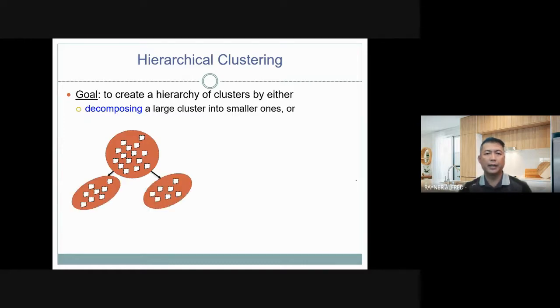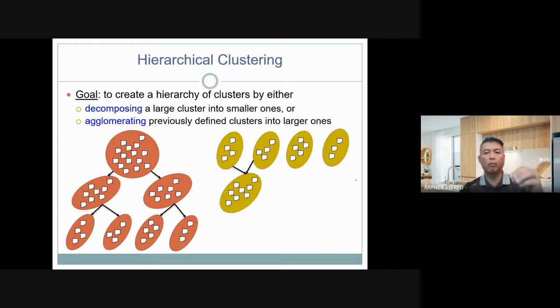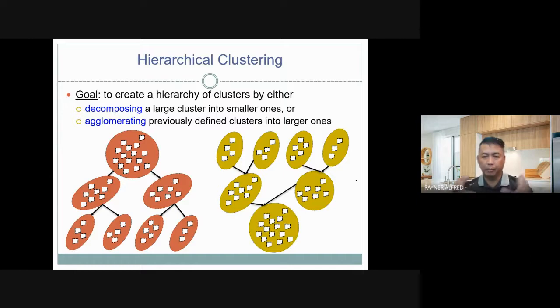So for example, like this, this is from top to down. We have two types. So this is we divide them into two and so on, or we start from small and combine them to become a bigger cluster. Okay, so we will look into this.